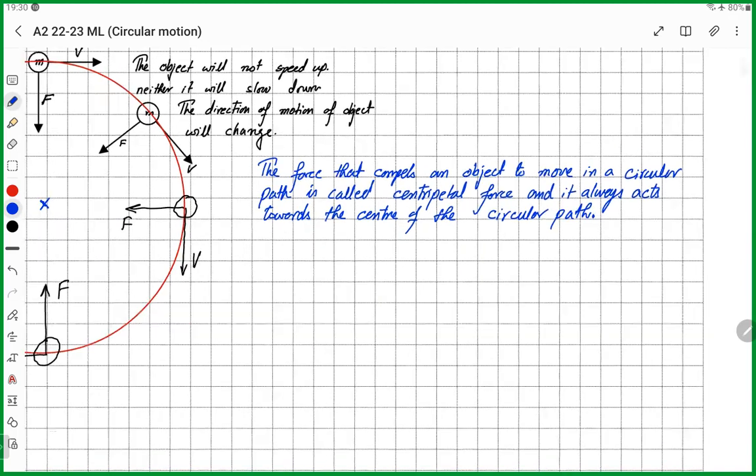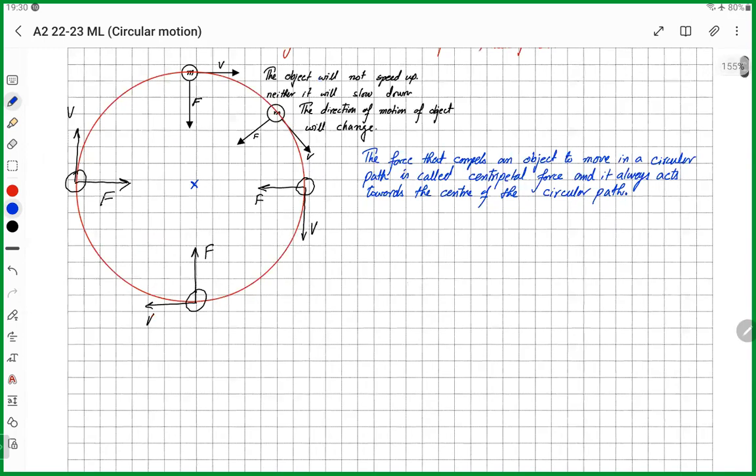Now, some of the students get confused over here, and they think that the direction of force is fixed. Remember, if something is pointing towards the same point from different positions, it is not in the same direction. Although the force is pointing towards the center of the circular path, it is not in the same direction. The direction of force and direction of velocity is continuously changing.